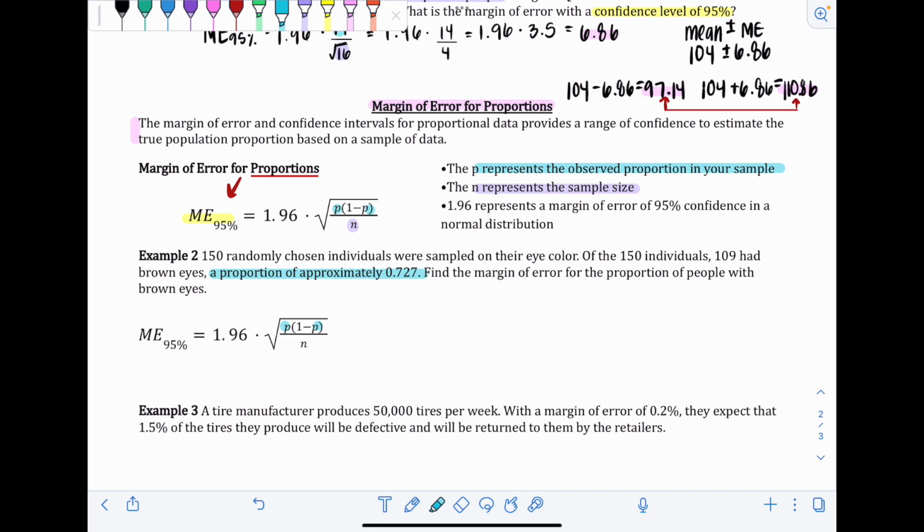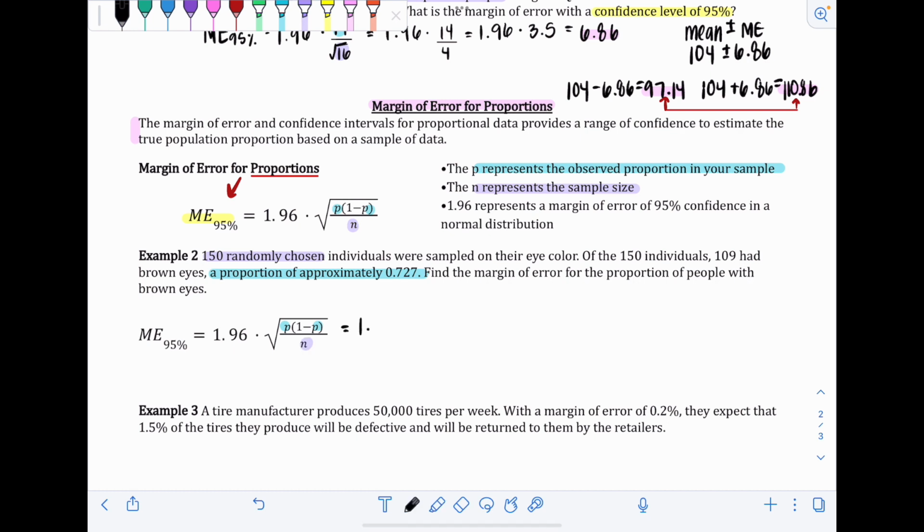And then n is the only other thing that we need to plug into this formula. It is the sample size. It says it in two places. It says 150 people were randomly chosen, so that's going to be our sample size. We don't have to do anything with that 109. We just need the total sample size and the proportion.